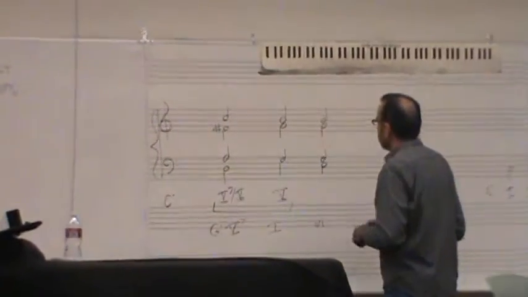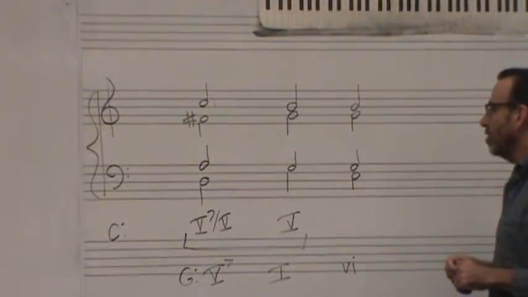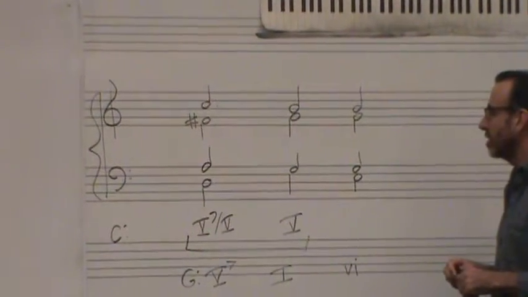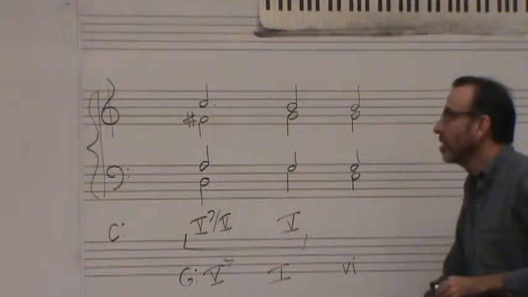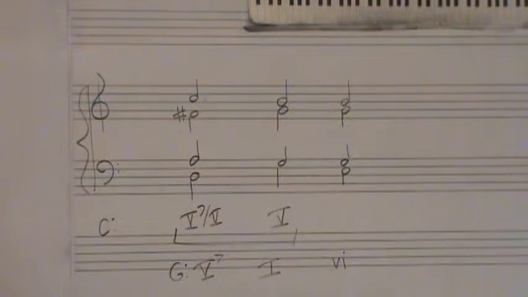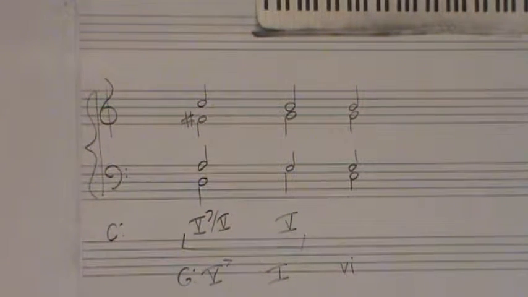Now, do we indicate that by writing 3 for that E, or do we write 6 of 5? It could be done both ways. I think in the book, actually, they have you do it like that. They'll have you write, it would be like this.